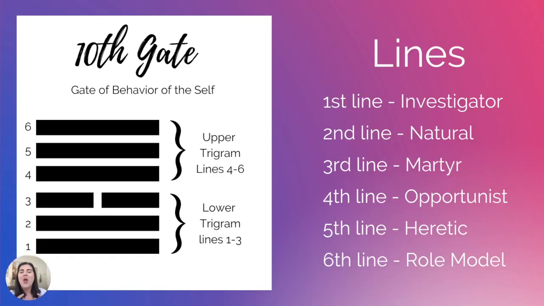All right? Okay, so now let's get into the 10th gate and how this plays in with everything. So back to our original hexagram image with a little bit added on. As I said earlier, the 10th gate is actually called the gate of the behavior of self.